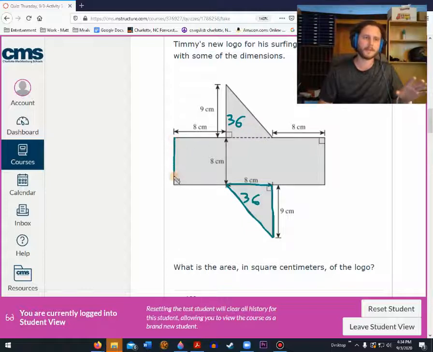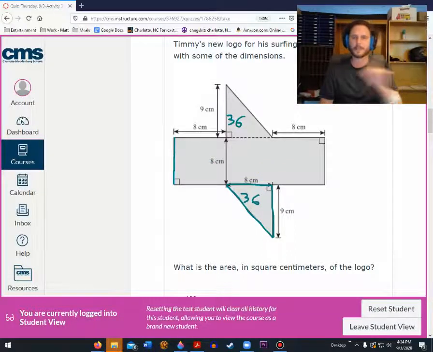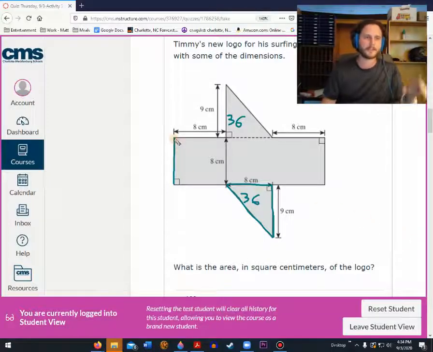The height we can gauge is going to be 8 centimeters because of that helpful line in the middle. The width is going to be a bit harder, or the base of the rectangle. We can see that this section right here is going to be equal to 8 centimeters. We can see that this section is also equal to 8 centimeters. And if you look down below there, you can see that this line, the line that shares this triangle, is 8 centimeters.